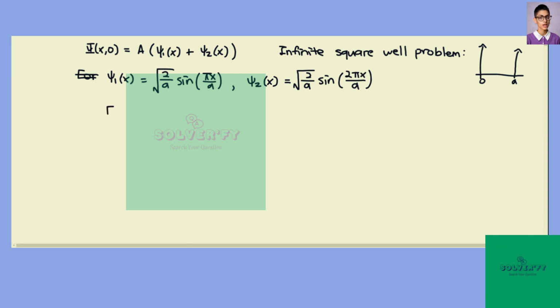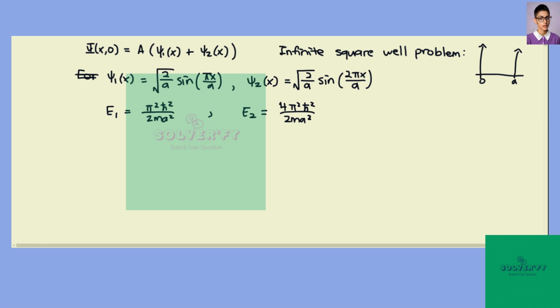We have E1 equals pi squared h bar squared over 2m a squared, and E2 equals 4 pi squared h bar squared divided by 2m a squared.